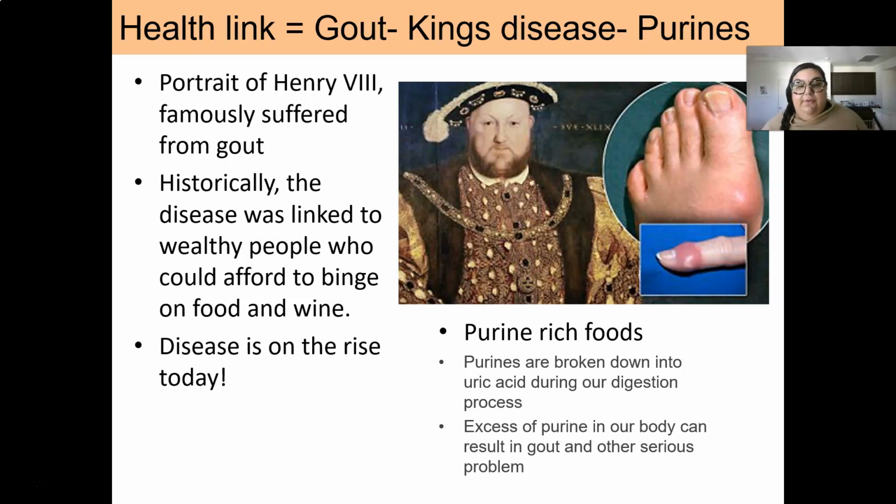It's very painful. And excess purine in your foods and your bodies can result in gout and can cause a very serious problem. So it was known as a king's disease and is on the rise today. So definitely be careful what you eat. And DNA health is everywhere.